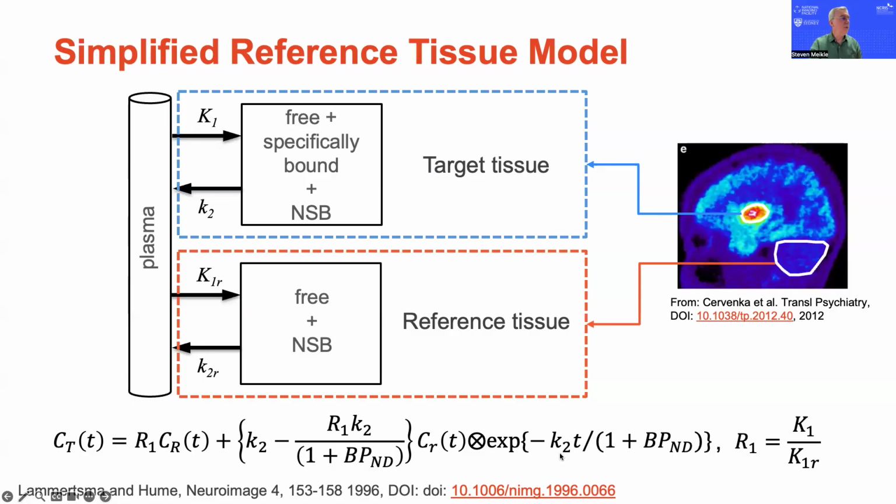And then you end up with only three parameters you're trying to estimate: K2, BPND, and this one, R1, which you can see here and here. So this operational equation describes the target tissue time activity curve in terms of the reference tissue time activity curve and our model parameters. And so that's what we're going to do in the last step in the tutorial.